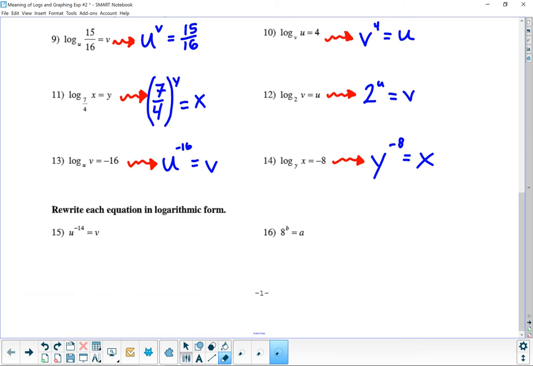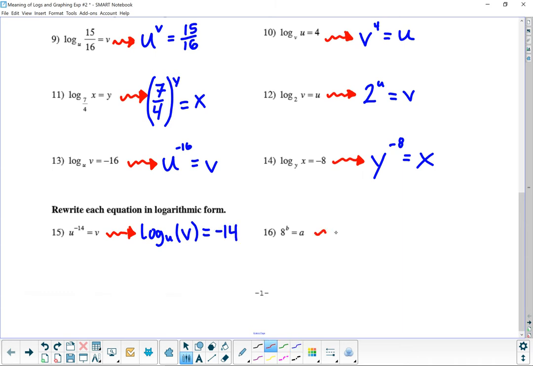So again, same scenario, just with more generic characters. So if this is an exponential base u, then we're going to be writing this in logarithmic form as log base u of the argument v, and that's going to equal negative 14.